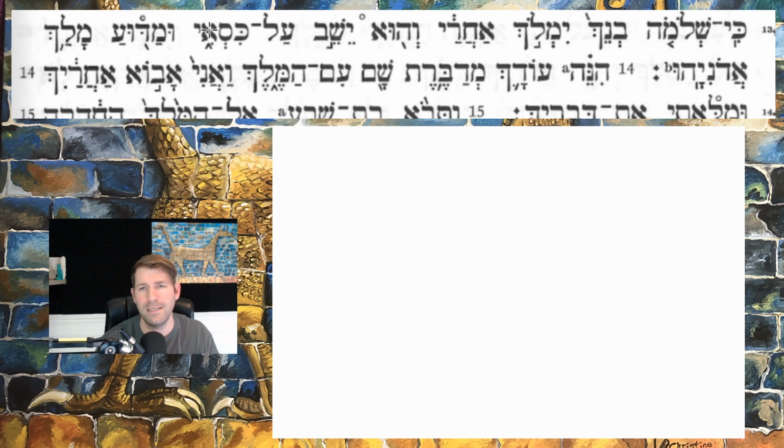Al kis'i. So kisei is a chair, so kis'i would be my chair, my throne. Al is on or upon my throne. And then that's the end of the quote. So she is saying, hey, Your Majesty, didn't you say to me, quote, Solomon, your son, will reign after me, and he will sit upon my throne, end quote.